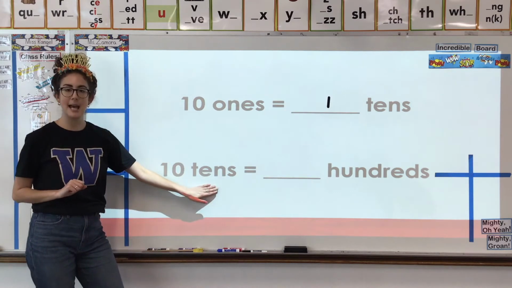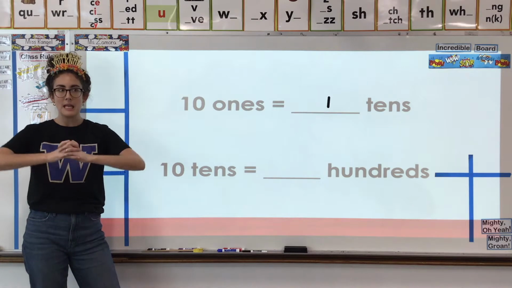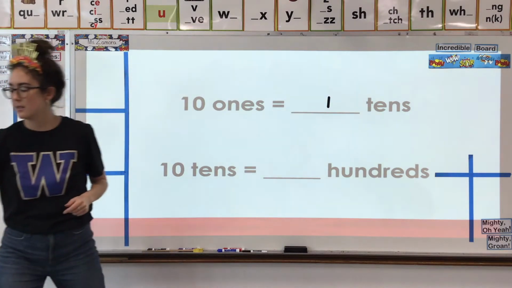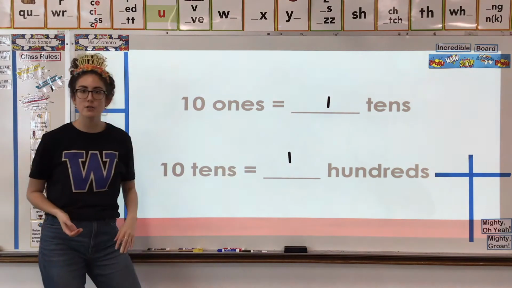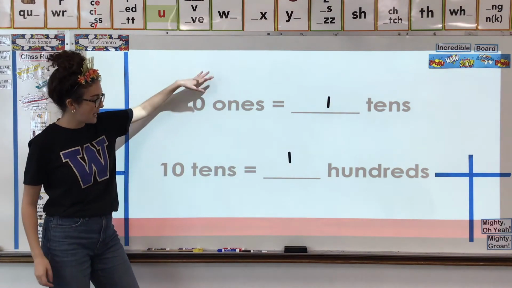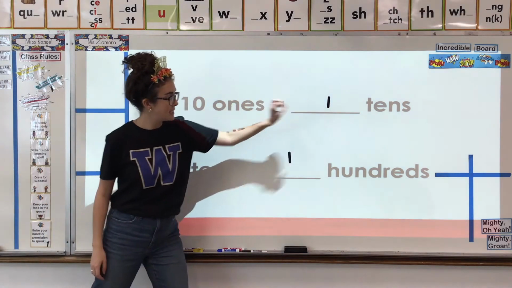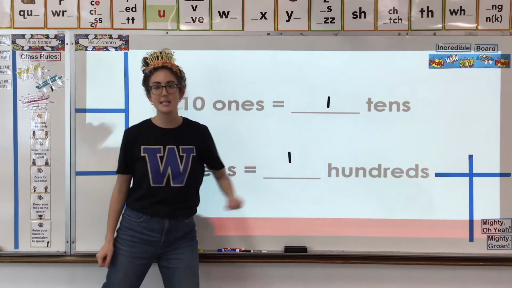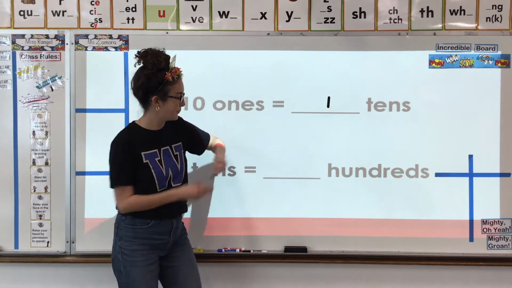What about 10 tens? A group of 10 tens, the smaller unit, equals how many hundreds, the bigger unit? 100, of course. So these all follow the same pattern because it goes smaller to bigger unit, smaller to bigger. So we're using all this bundling knowledge today.